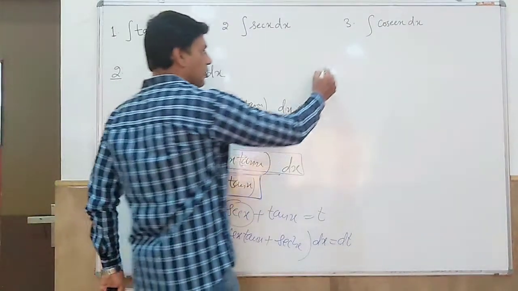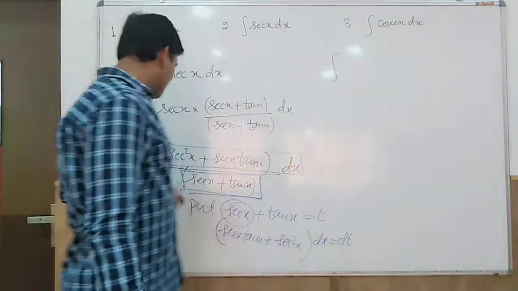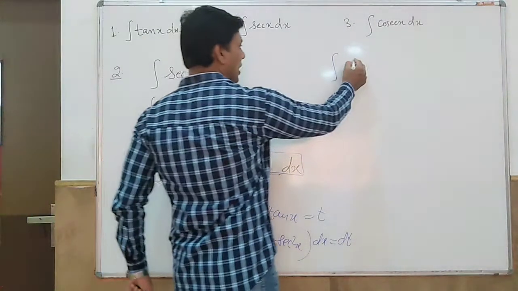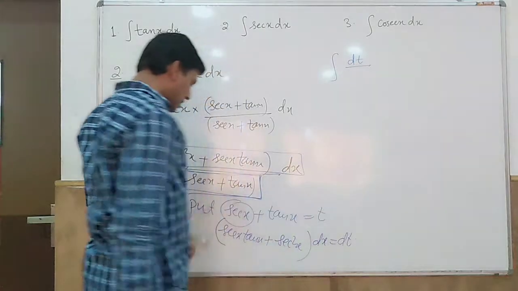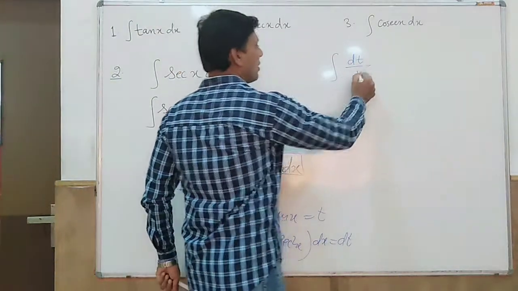So we make this substitution: the whole numerator with dx becomes dt, and the denominator is t.